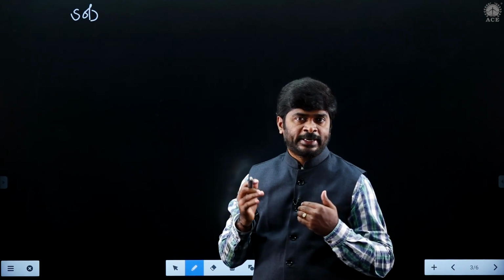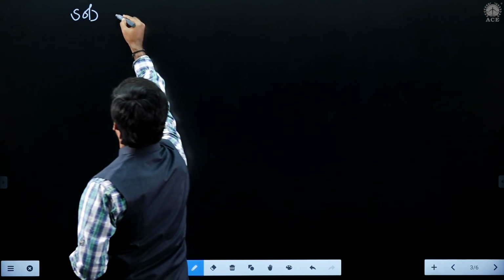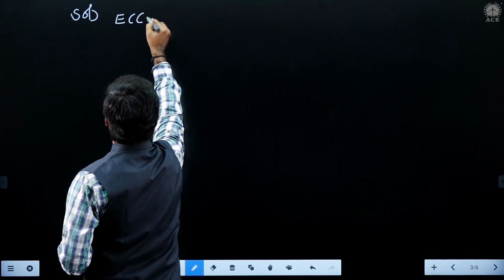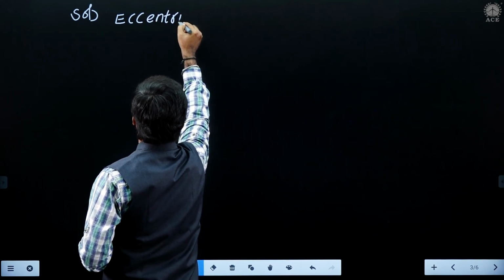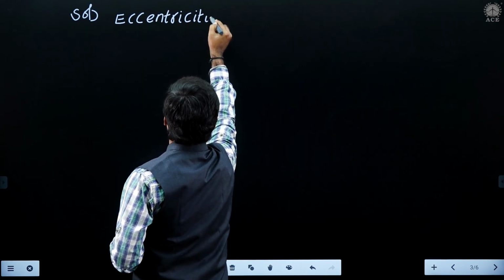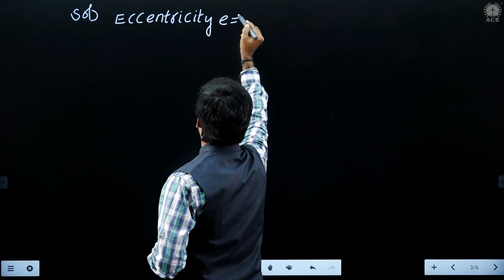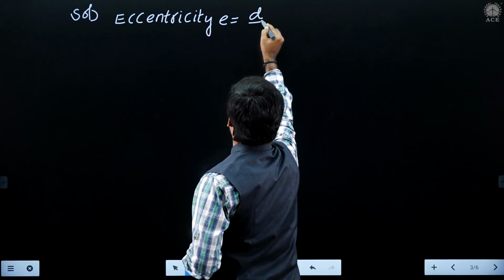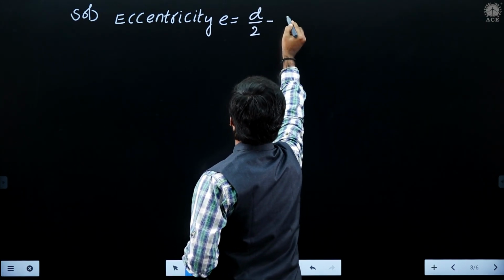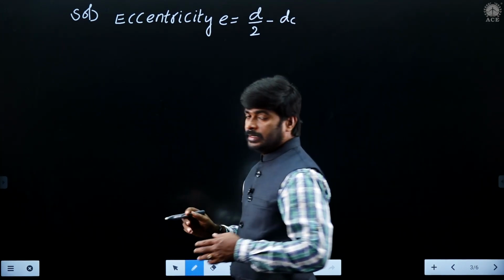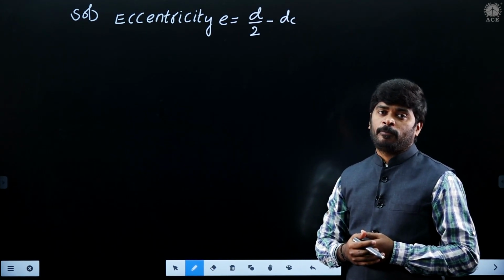Firstly, we have to find out the eccentricity of the tendon. Eccentricity is equal to half of the overall depth minus the distance given from the top fiber.